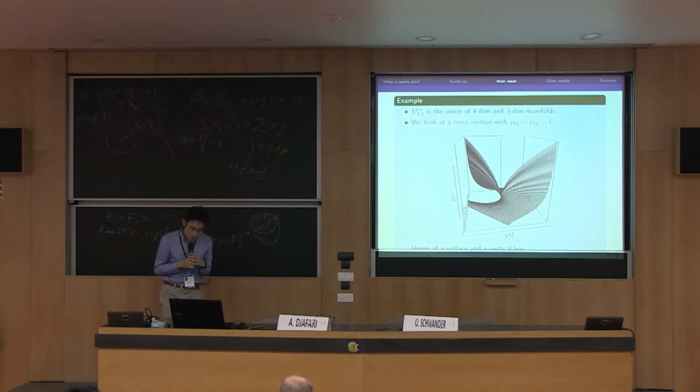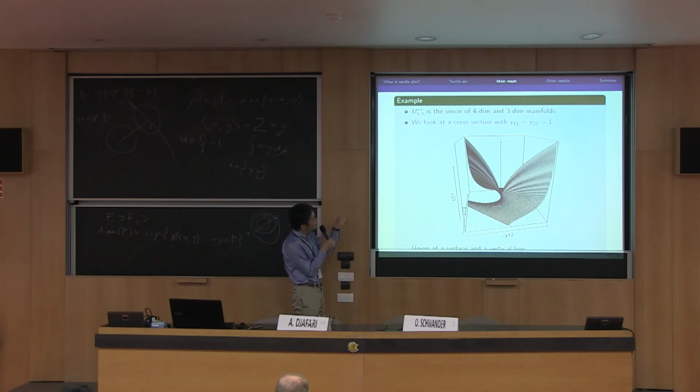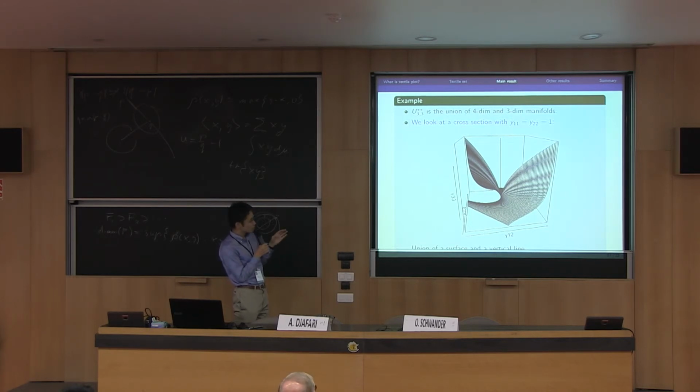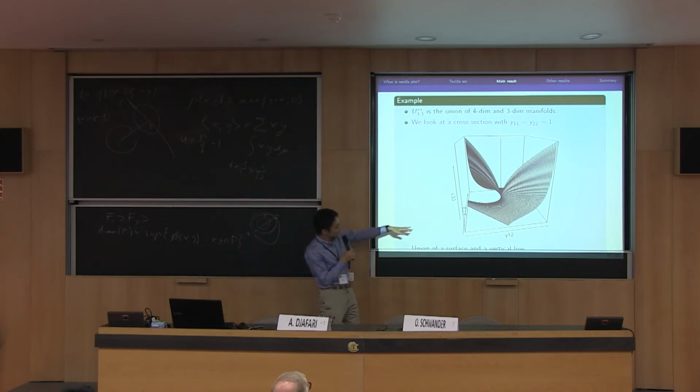Okay, this is a figure of the three-dimensional case. U_33 double star is the union of four-dimensional and three-dimensional manifolds, so it is not easy to visualize. So we look at a cross-section where two diagonal components are restricted to one, then we have this kind of figure.